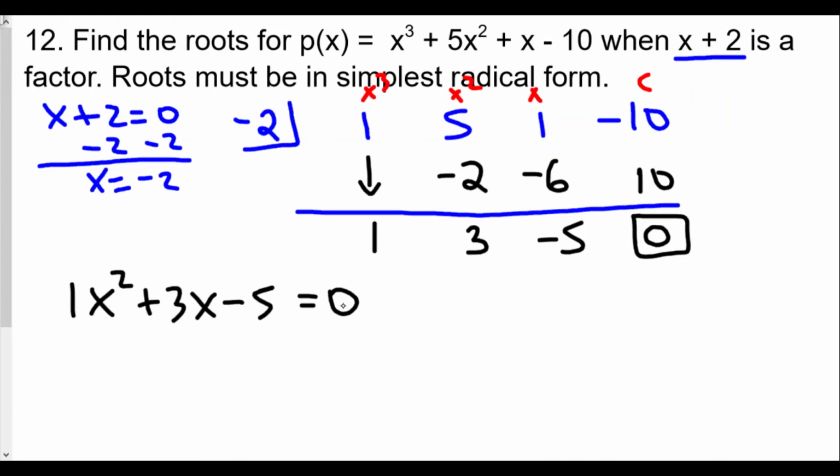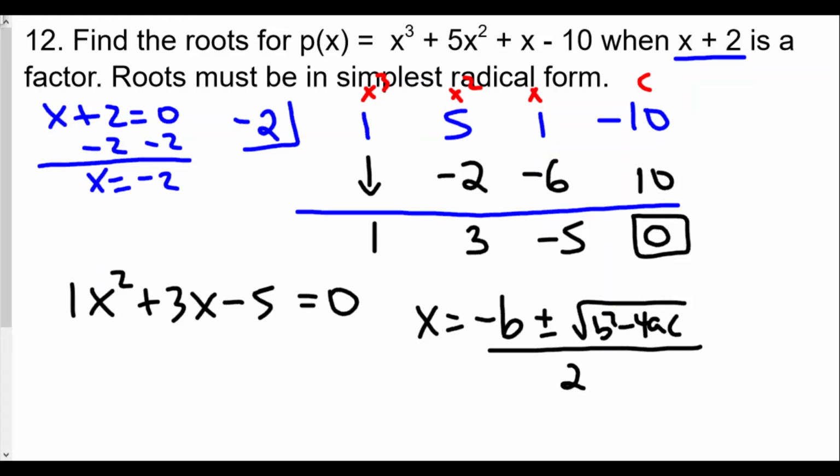So we have found our quadratic equation we're going to be using to solve for the other two roots. Then we see here, whoa, okay, we cannot factor, because there are no two numbers that we know of that easily multiply to -5 and add to +3. So we're going to use our quadratic formula, and our quadratic formula says x is equal to -b plus or minus the square root of b squared minus 4ac all over 2a.